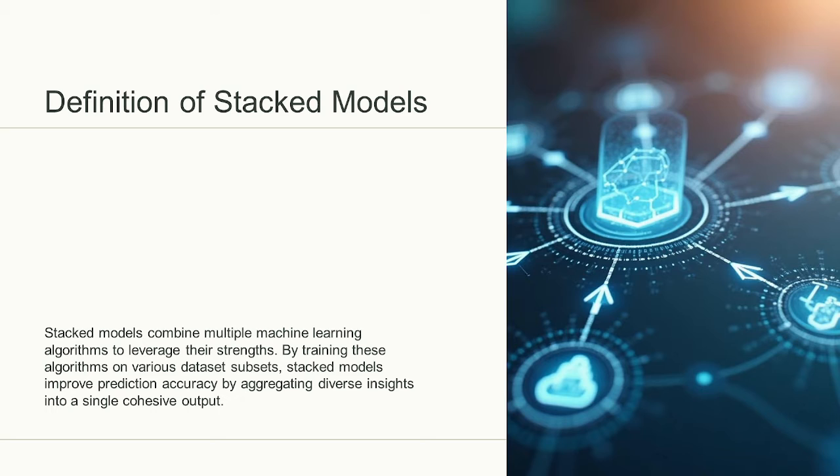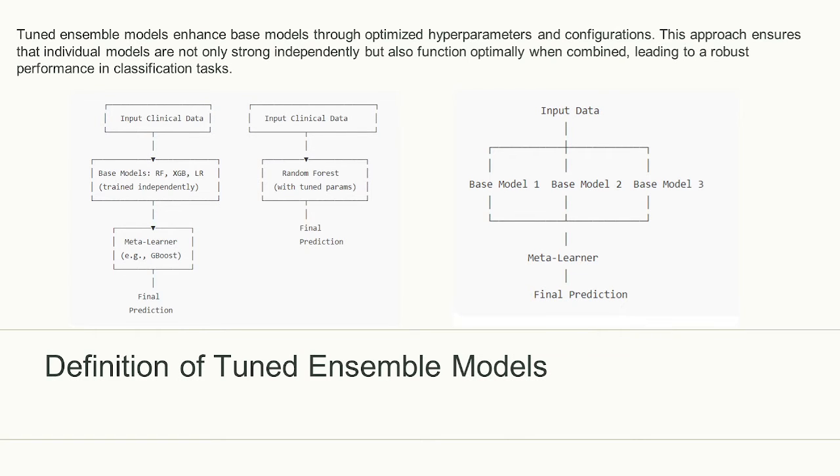So the basic structure of stacked models is based on some algorithms, model 1, model 2, model 3, or some other models combined together, and based on these learner models, we can create a new learner model to enhance the performance of our prediction model.